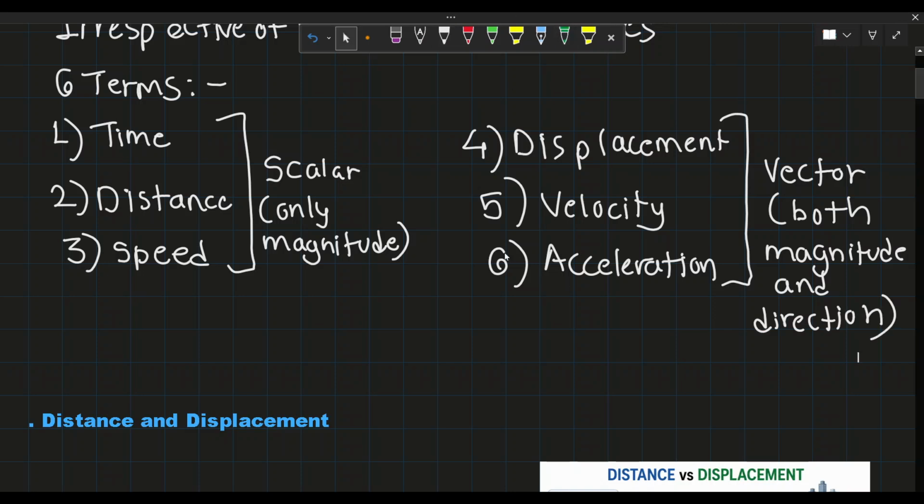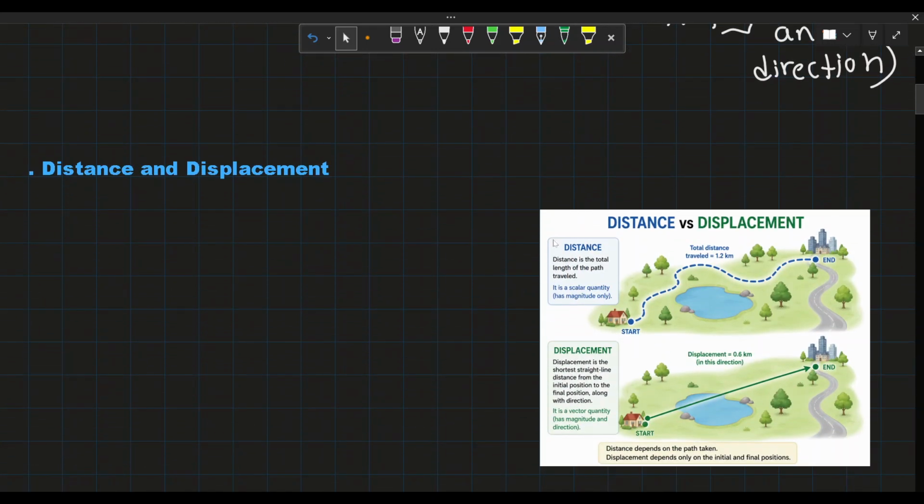So moving on to distance and displacement. Distance is basically the total path length. As you can see in this image, this is your start point and this is your end point over here. So the total path length is called distance, whereas displacement is the shortest distance between the initial and the final position.